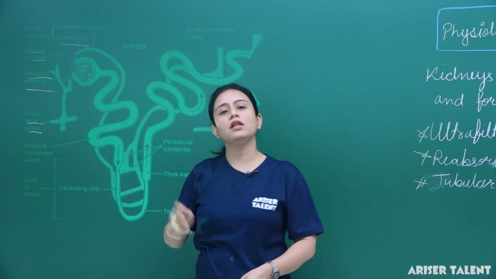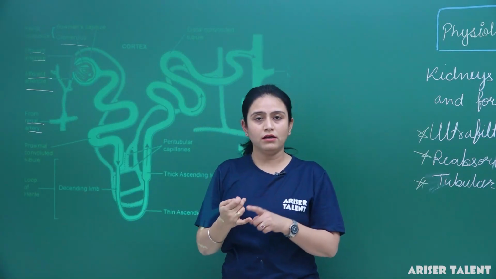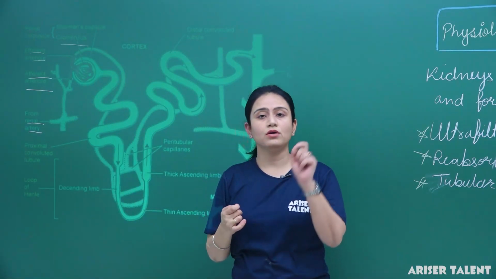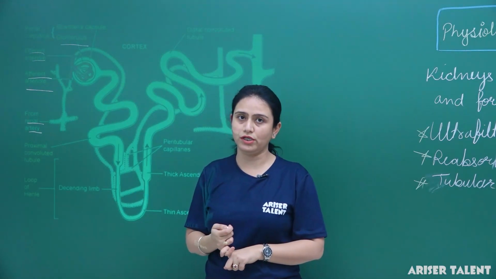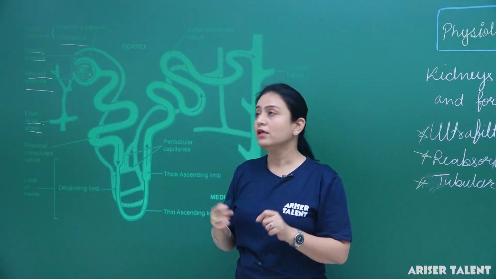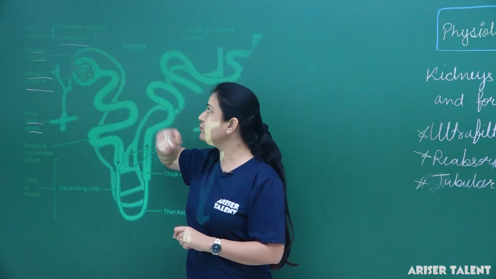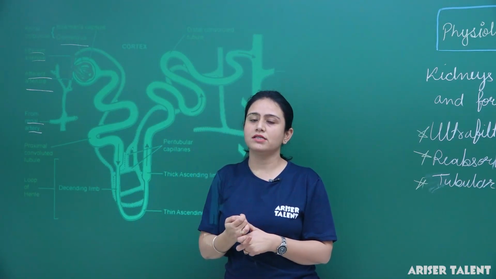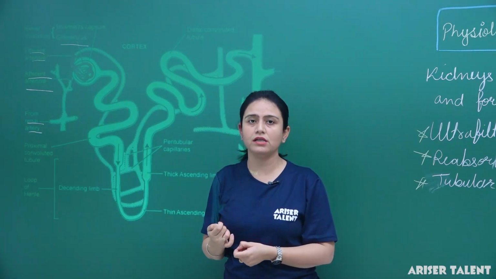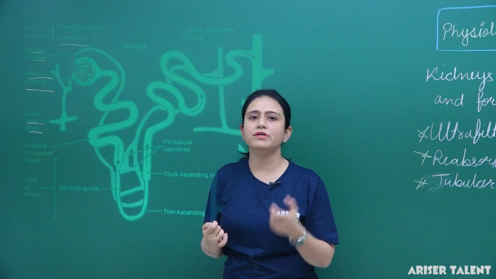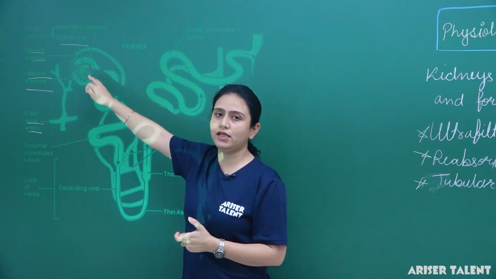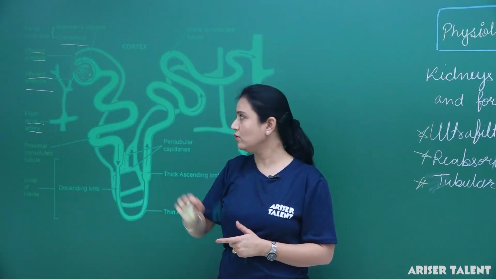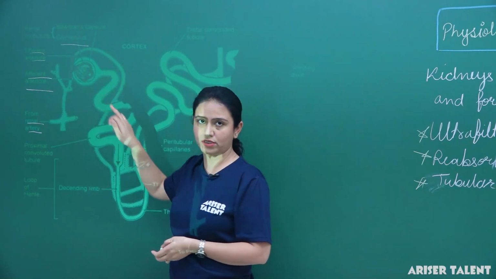Along with the plasma, molecules like organic and inorganic molecules and urea also move to the Bowman's capsule, while the other substances like plasma proteins, RBCs, WBCs and platelets remain in the blood, or remain in the glomerulus. Fine.